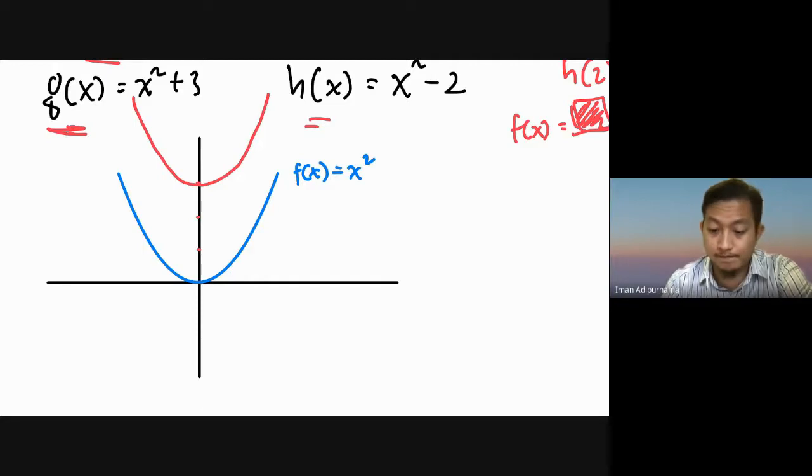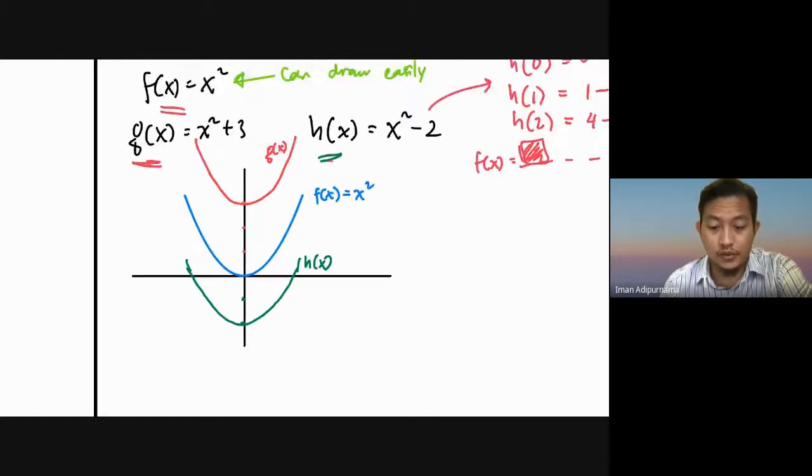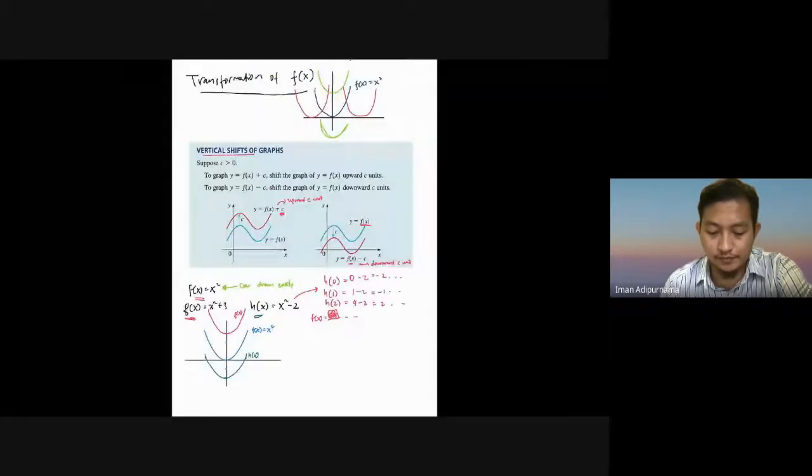Okay, and then you can also draw the h. It's going downwards, so this will be h and this will be g. Okay, I hope that's clear for the vertical shift. Okay.